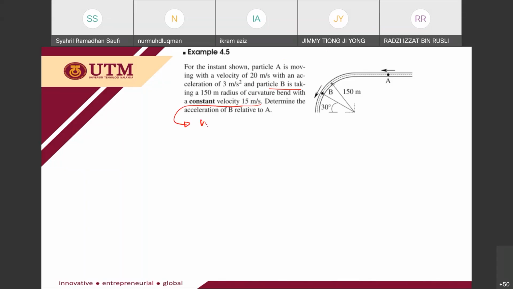Since velocity is tangent to the curve and this velocity is constant, your acceleration B tangent is equal to 0.